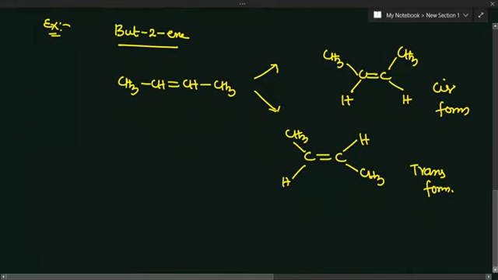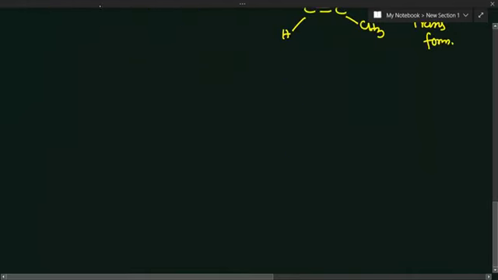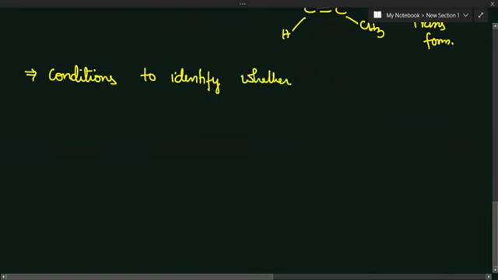Now, let us go for the conditions. Very important. Conditions to identify whether a compound can show geometrical isomerism or not.